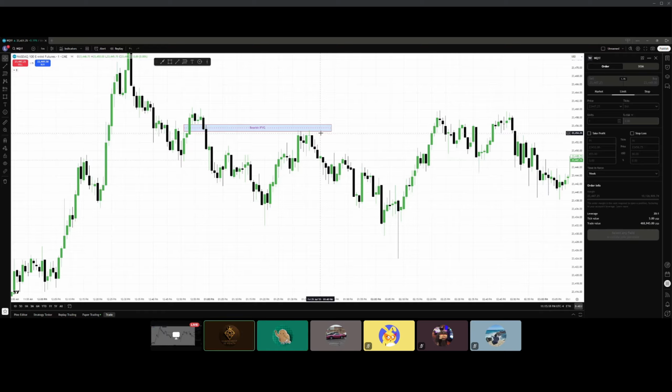I would love to study your A+ setup a bit more. It's just my confluences, man. I'm just looking for as many confluences as possible, and then I'm waiting for the market to show me that it wants to take the liquidity I'm aiming for, targeting equal highs, equal lows, relative highs, relative lows, stuff like that.